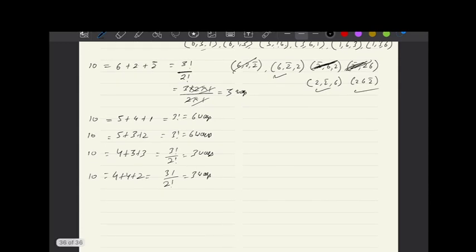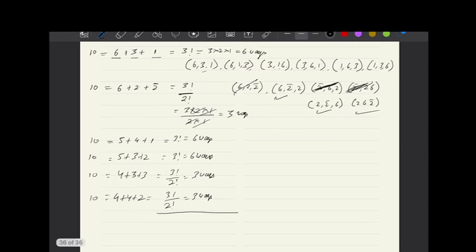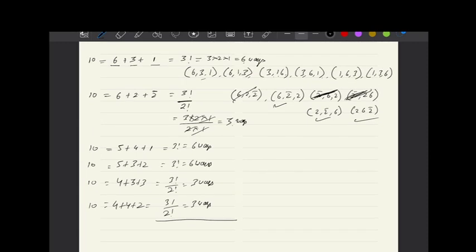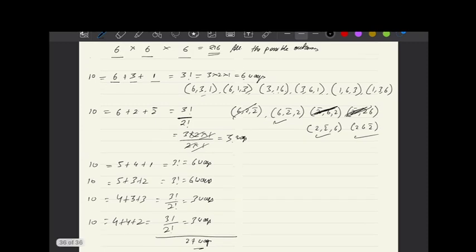So let's sum all the possibilities here. You have 6, 3, 9, 15, 21, 24, 27. 27 favorable ways.